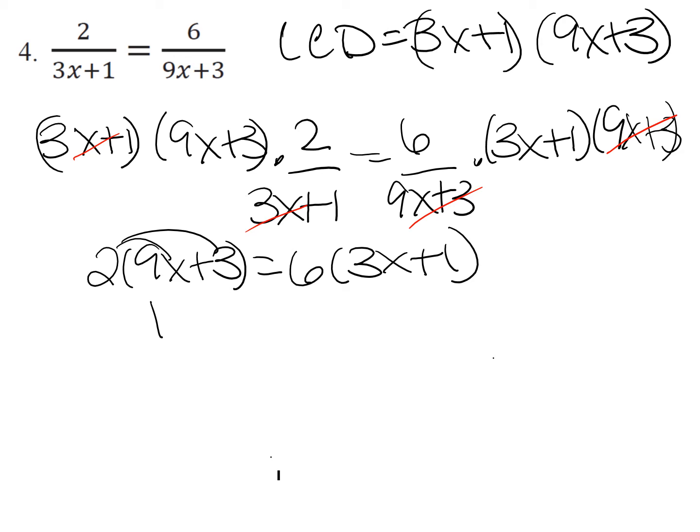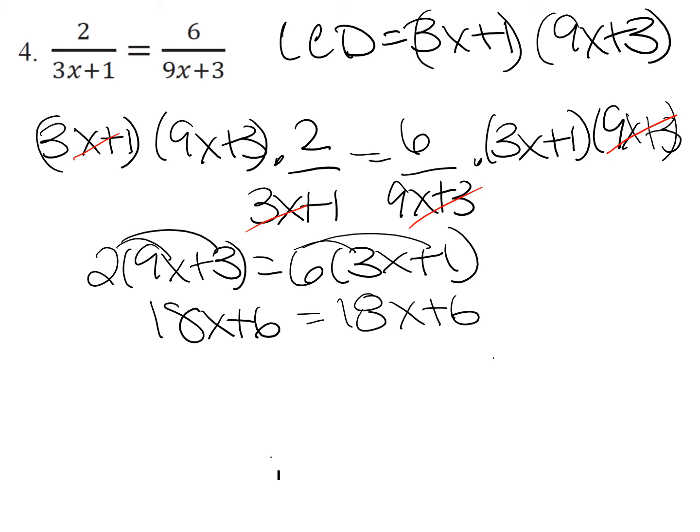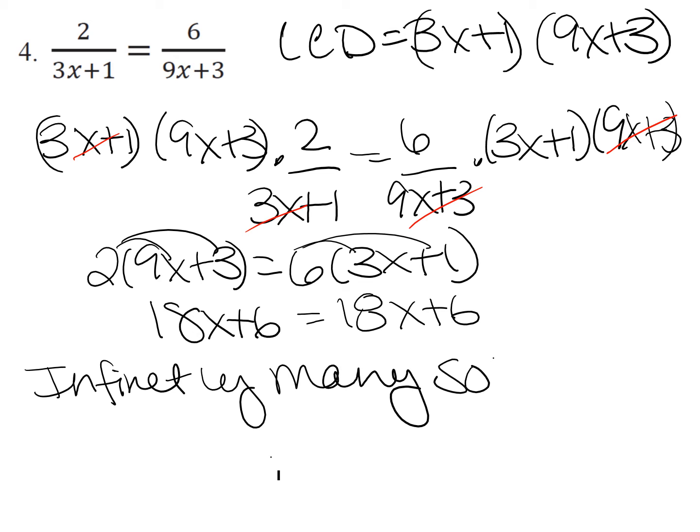Distribute, and I get 18x plus 6 equals, distribute, 18x plus 6. I can stop right here. It's identical on the left and right, so this is infinitely many solutions. And that's because the left and right sides are identical.